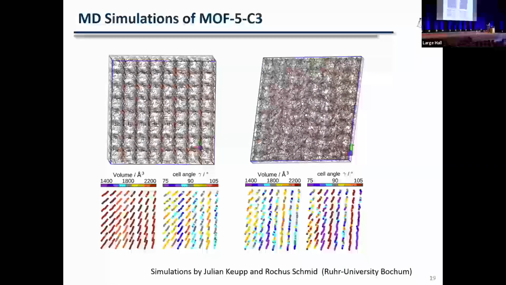So we see here a region of cavities which have a volume of about 1,900 cubic angstroms, and here a region of cavities which are smaller. Of course, in order to represent what is happening in the entire material, you would need a really large simulation box, which is not accessible. But this already tells us a lot about the mechanism of crystalline to non-crystalline transition in this flexible framework.